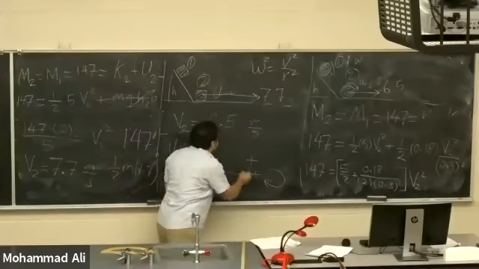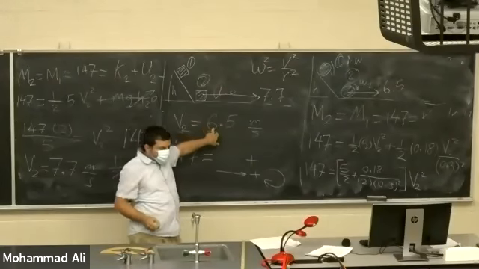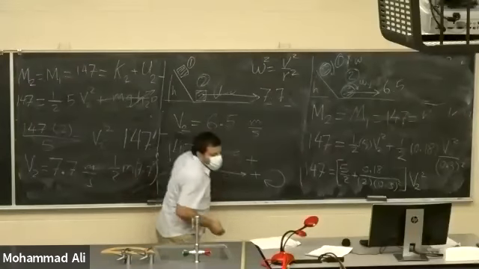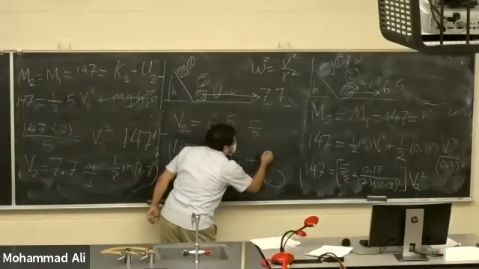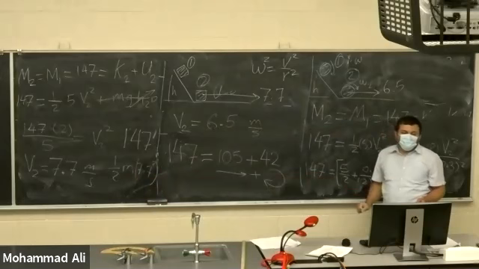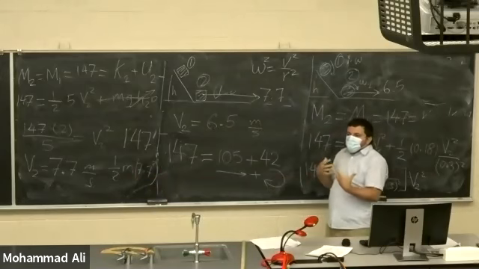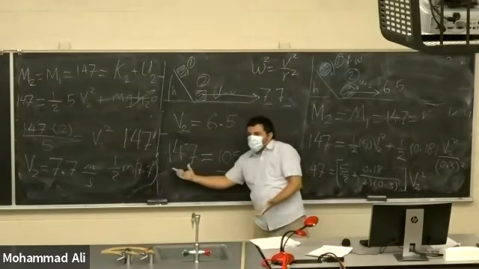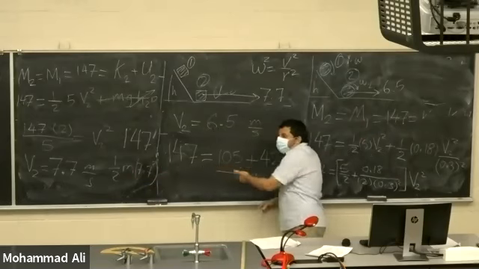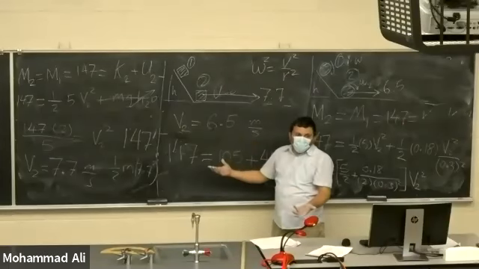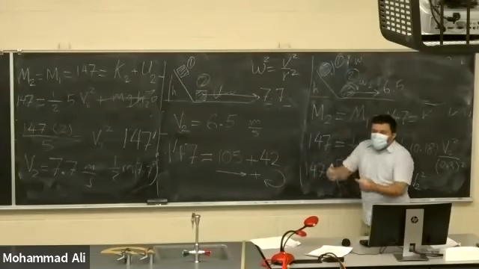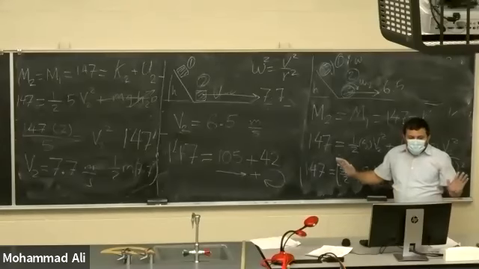The linear kinetic energy due to 6.5 is approximately 105, and 42 for the rotational kinetic energy. Now, our kinetic energy is good there. It is 147. But 105 for linear, and our motion is slower as we see. And 42 for rotation.